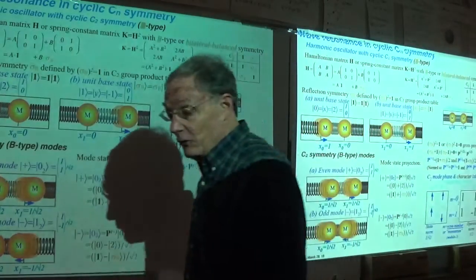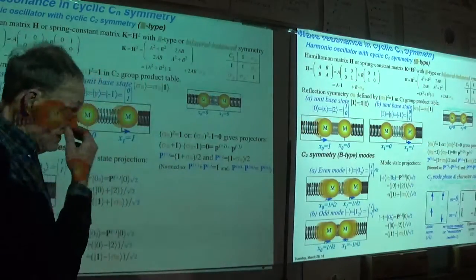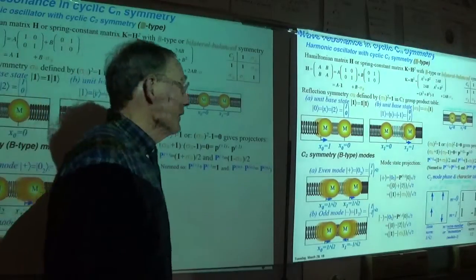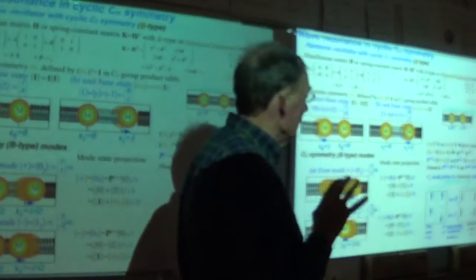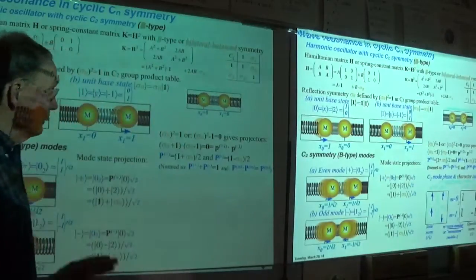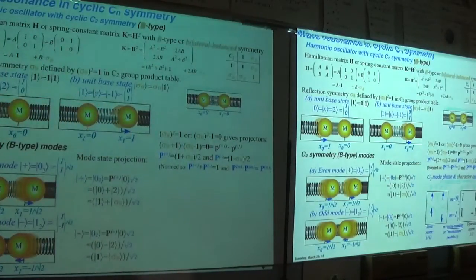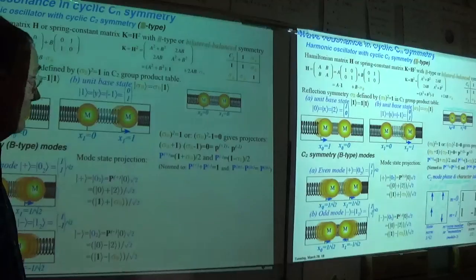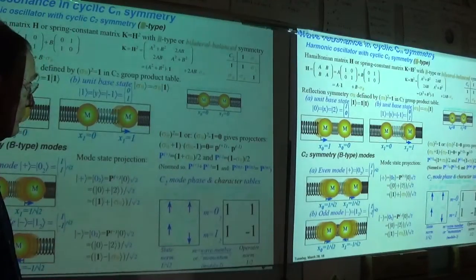Yes, for cyclic 2, 3, 4, you're going to get the tables we're going to calculate today. Those are called character tables, and they're very important for doing the kind of quantum mechanics that, well, the information age is going to be requiring us to learn about.